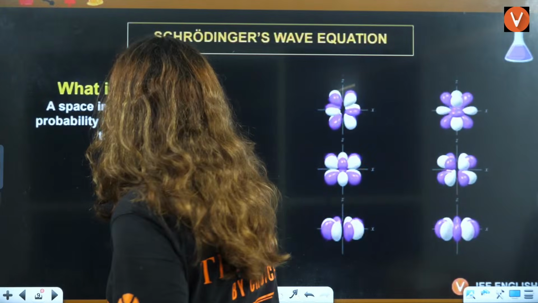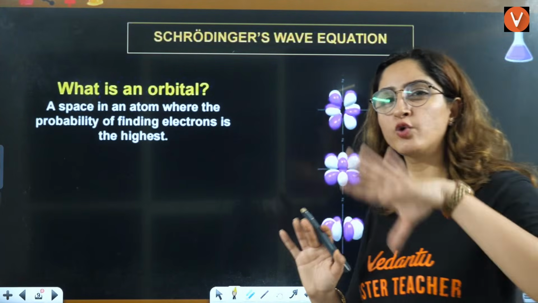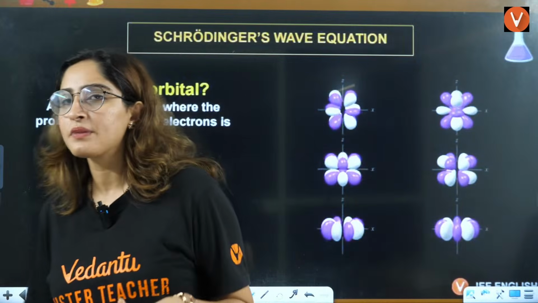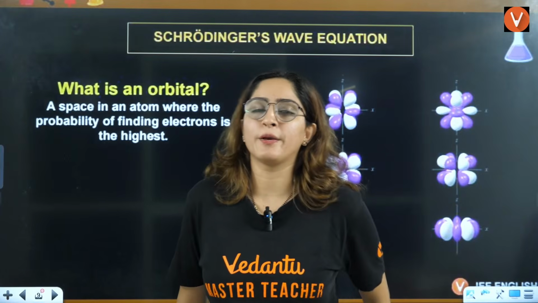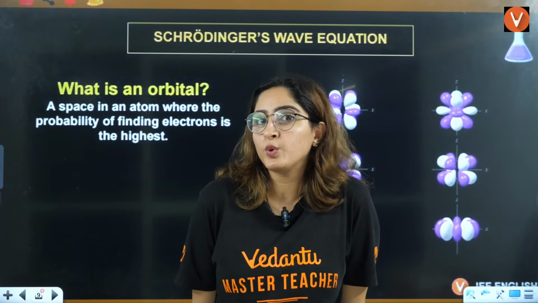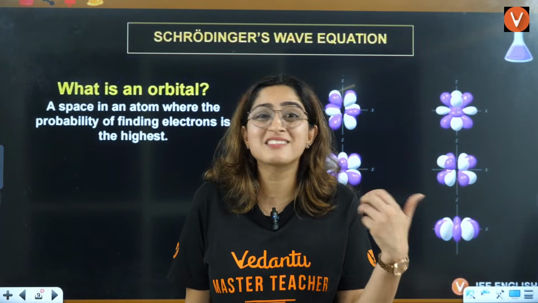So I'll start with the first thing. Let's get into quantum numbers. To understand quantum numbers, think of where you live, your room, right? You have a specific room where you actually study.